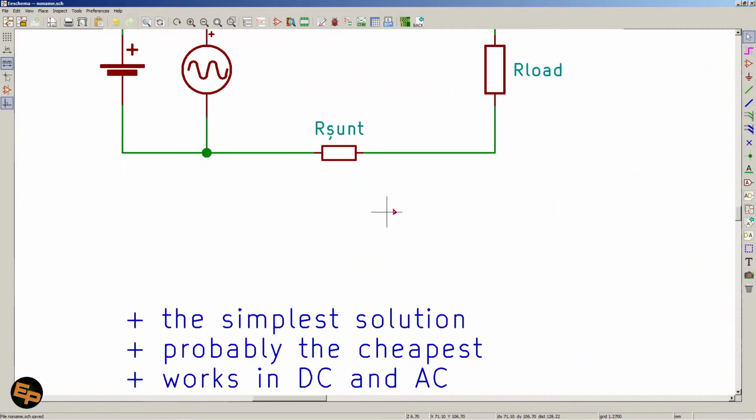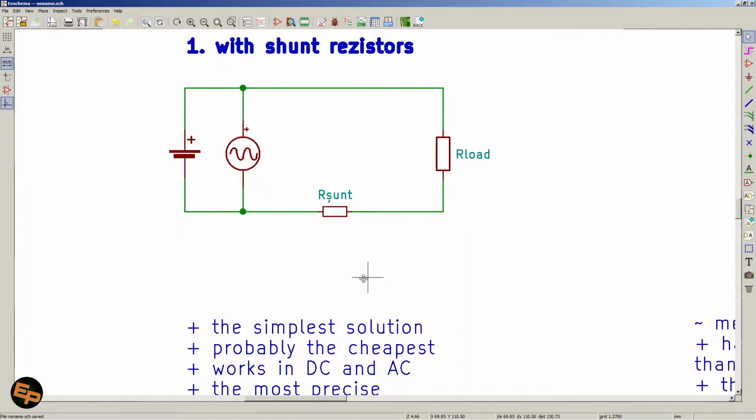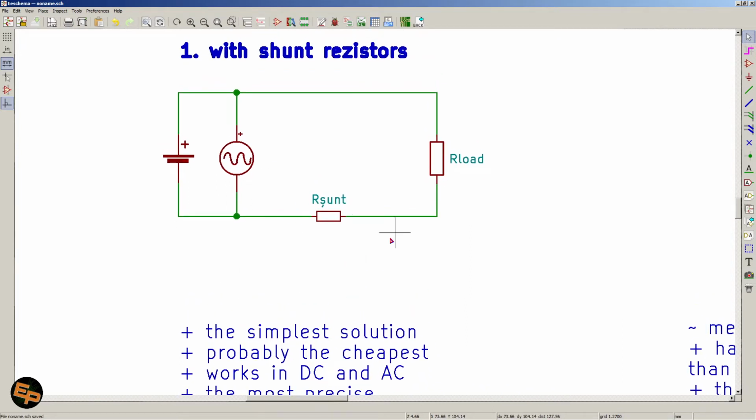So probably the simplest solution would be to have a shunt resistor. We are basically using Ohm's law, which states that when a current passes through a resistor, that resistor will have a voltage across it which is directly proportional to the current passing through it. I don't think we can have anything simpler than that. So we would basically need to insert a shunt resistor in series with our load.